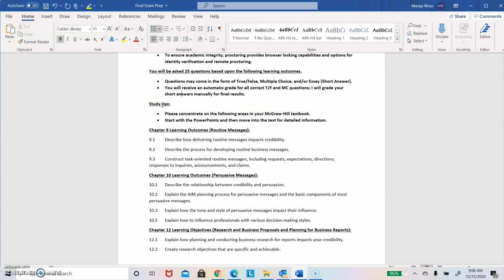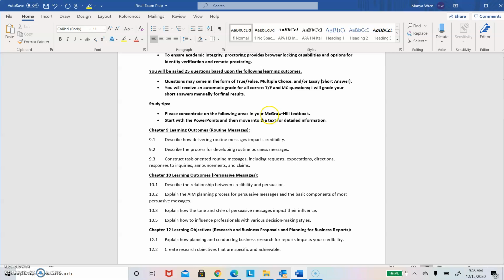As far as studying is concerned, you want to concentrate on these following areas, because I have questions based on all of these learning outcomes here. You can access the McGraw-Hill textbook.